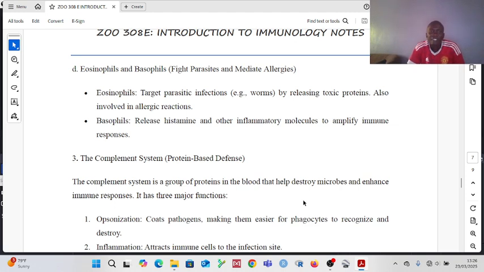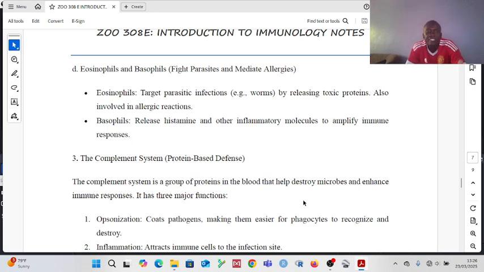By fighting parasites, the eosinophils target parasitic infections by releasing toxic proteins. So whenever there is a parasitic infection, eosinophils will release proteins that are toxic to that parasite. Okay, so that protein is what will lead to the killing of that parasite.